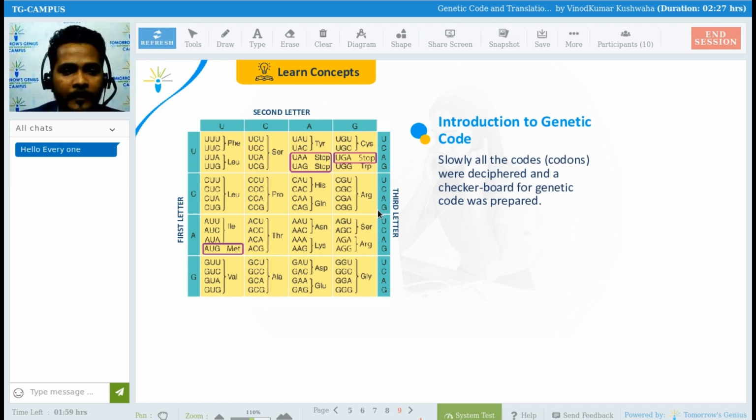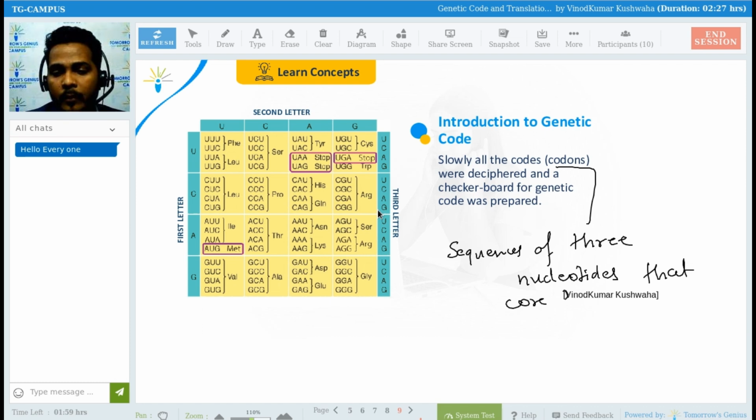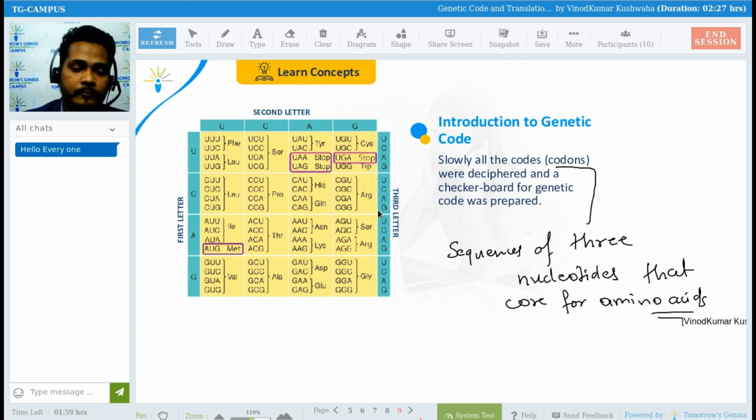Codon is a sequence of 3 nucleotides that code for one amino acid. Clear?